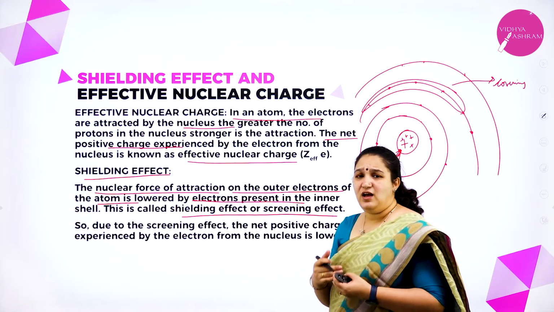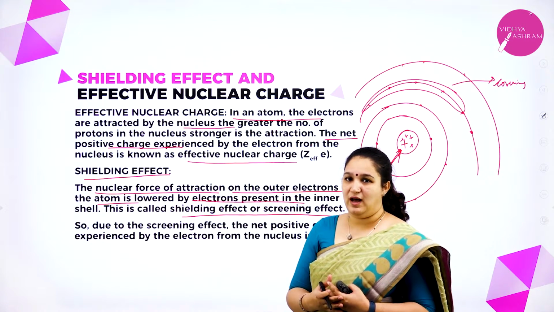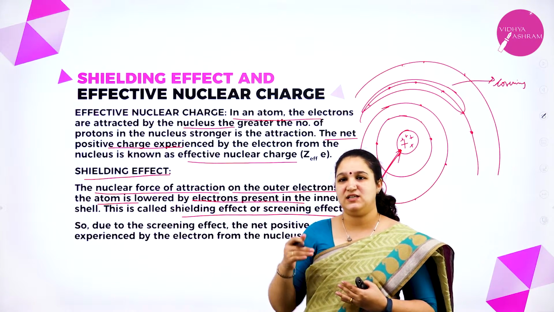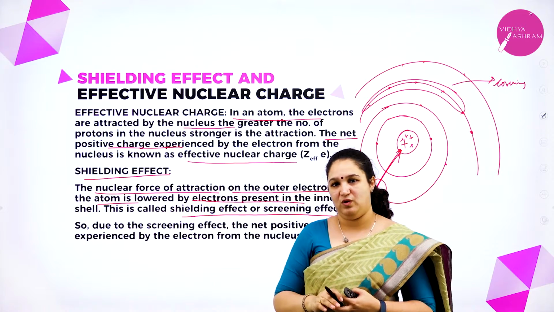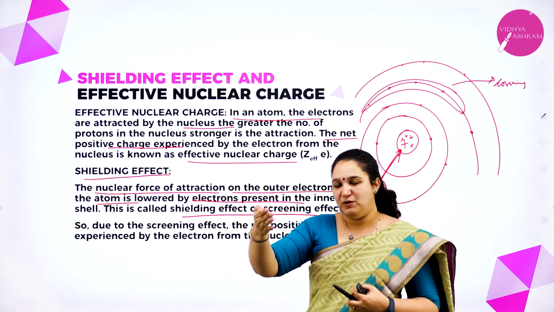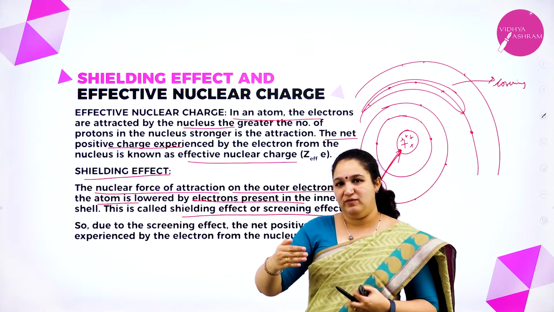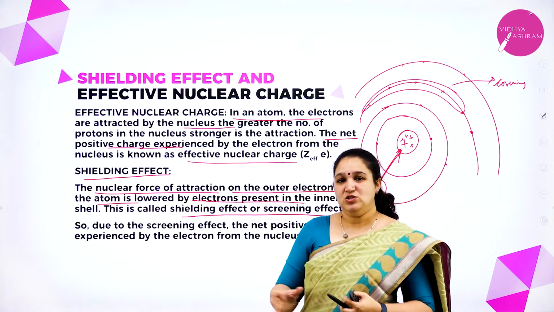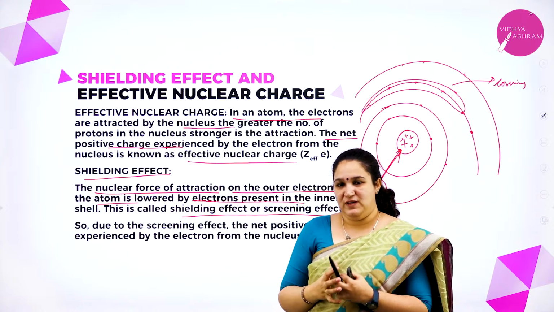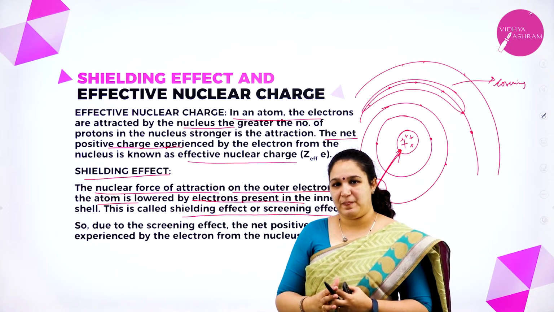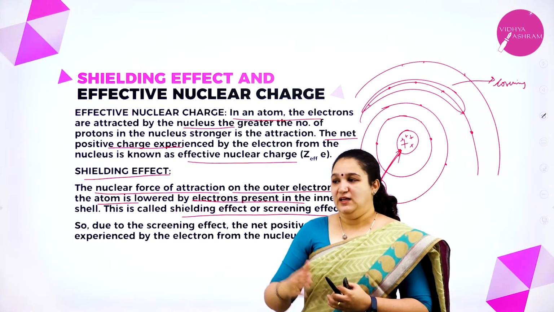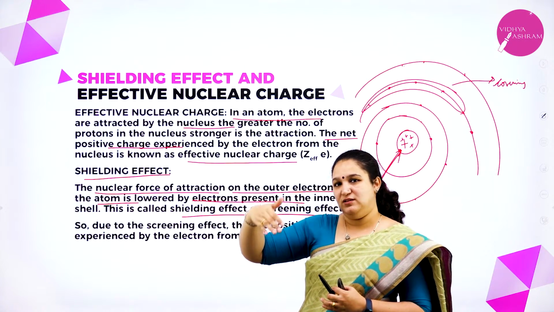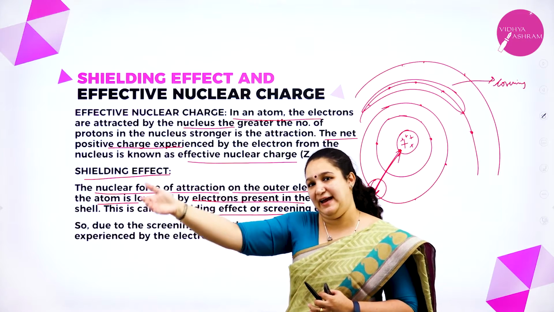It is just like you imagine in your class, the shortest ones are sitting in the last row, and just before that row we have all the tall students sitting. So the teacher is considered as the nucleus, then the ones who are tall are actually covering the ones who are short, sitting at the end.